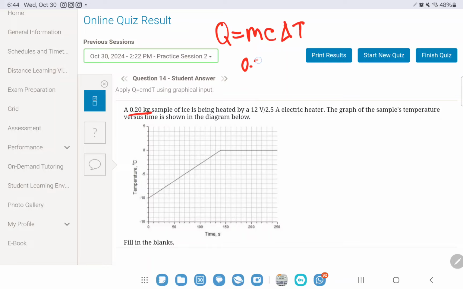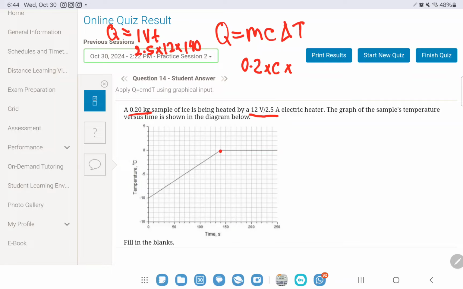So 0.2 times C times, now we need to find from the graph delta T, and we need to find from Q equals I V T. We need to find the Q. Now what's our I? It's 2.5. What's our V? It's 12. Our T is whatever we just found the value to be, which is 140. Now put it in your calculators.